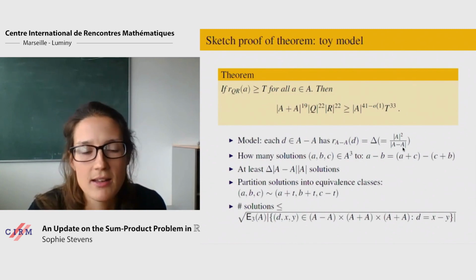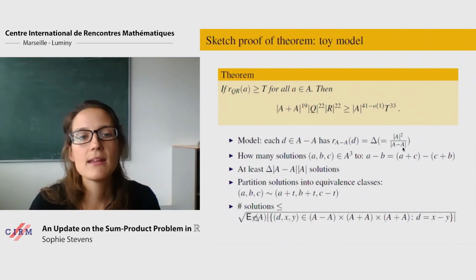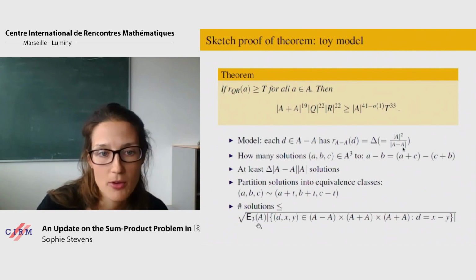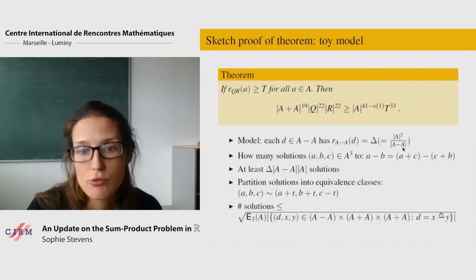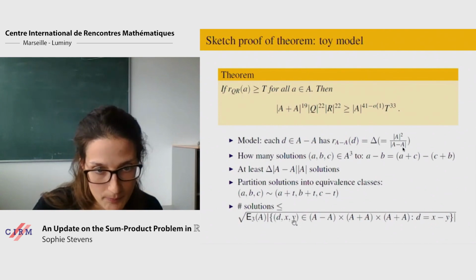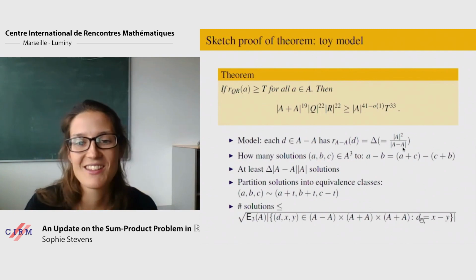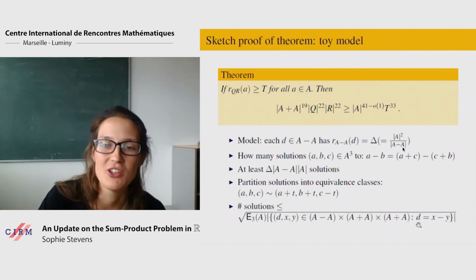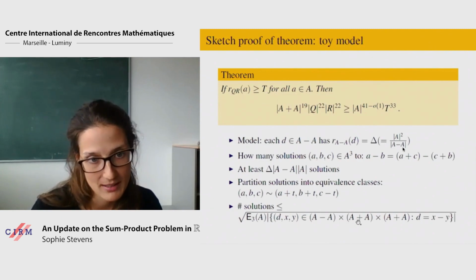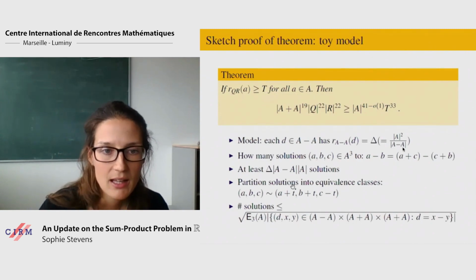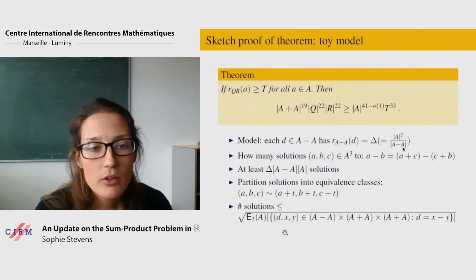We'll use our favorite trick in additive combinatorics, the Cauchy-Schwarz inequality. And this will tell us that the number of solutions is bounded above by a third energy of A and this rather complicated looking expression, which characterizes the number of solutions to d equals x minus y, where x and y are elements of the sumset. Okay, so this is just one application of Cauchy-Schwarz.